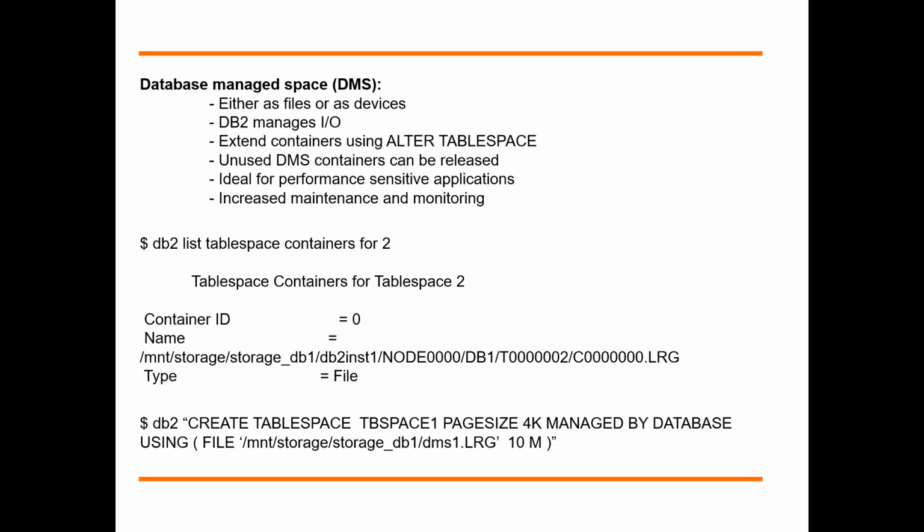If you add a container, that is if you add a data file, and if the data file is empty for some reason down the line because of space shrinkage or data deletion, you can remove those unused containers from the table space. But you cannot do such a thing in system managed. The database managed is ideal for performance sensitive applications, but it increases your maintenance and monitoring.